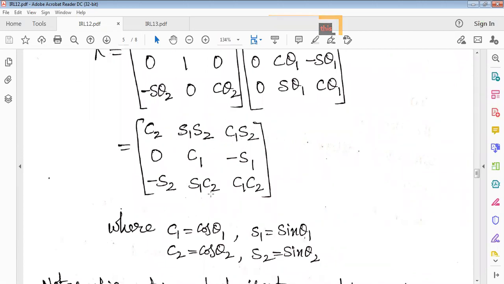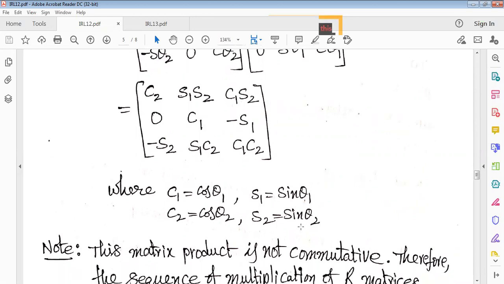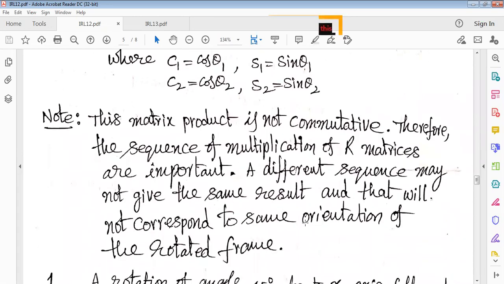It is like this: C2, S1 S2, C1 S2. Here, C1 is cos theta 1, S1 is sin theta 1, C2 is cos theta 2, S2 is sin theta 2. Okay, so here is one note. This matrix product is not commutative.